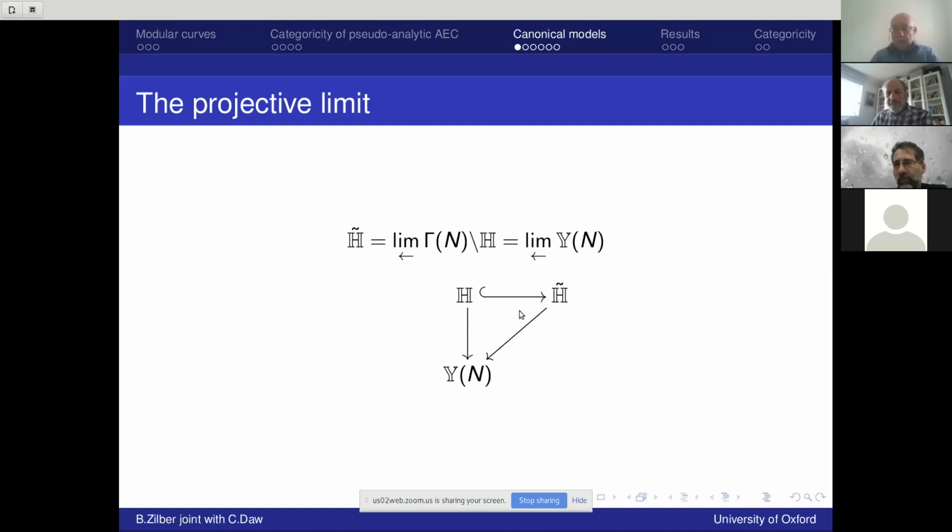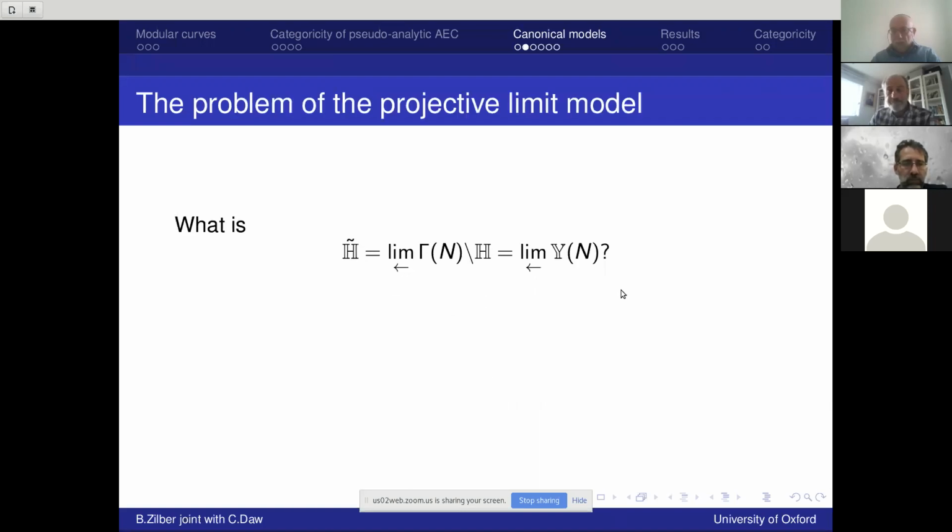And this generated a lot of theory, which is very relevant to this problem that I'm now reporting on. Right. So the question is to understand this as a structure and to understand its automorphisms.